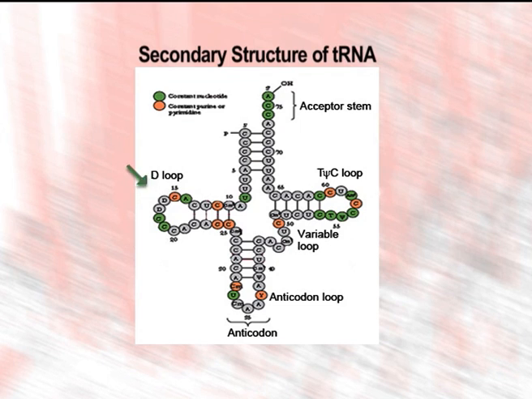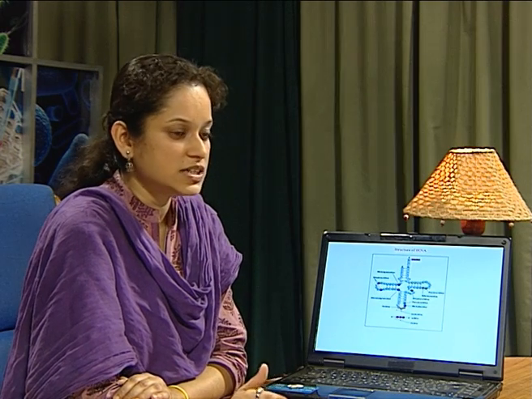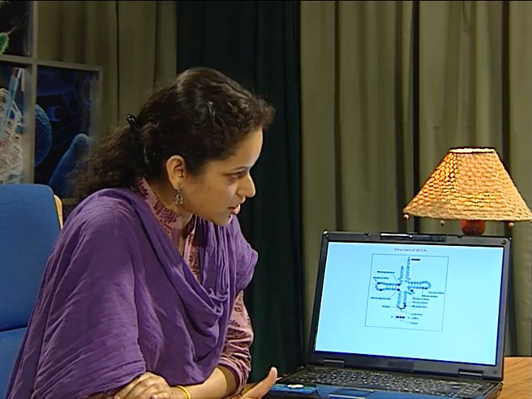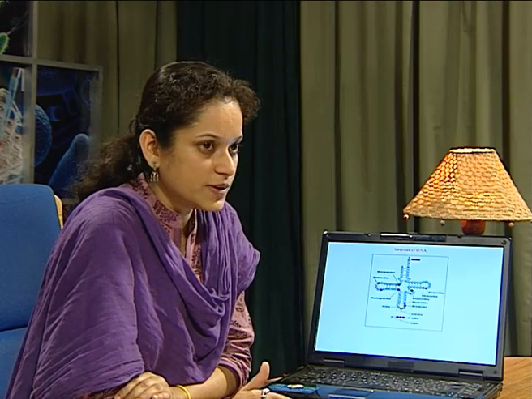The D loop is named because of the presence of dihydrouridine base in it, which is followed by an anticodon loop, which base pairs with the mRNA, followed by a variable loop, where variable means the length of the loop is variable from one tRNA to another, which is again followed by a T-Psi-C loop. Psi stands here for pseudouridine and is one of the modified bases found in tRNA. All of these loops have certain physiological functions, and accordingly they have been named so.